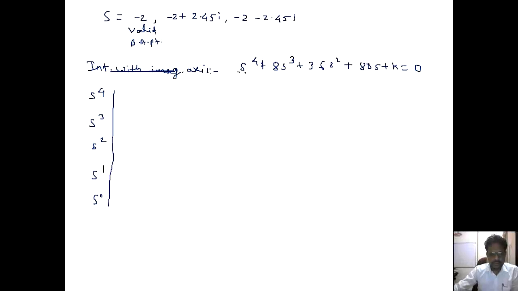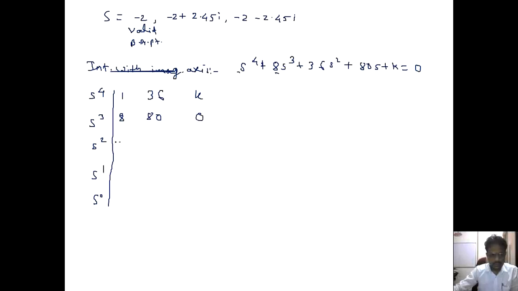So the highest power is s raised to 4, then 3, 2, 1 and 0. And the values are 1, then 36, skip one value, write down the alternate values. So 1, 36, then leave 80, write down k, then the s cube row values, so 8, then 80 and 0.